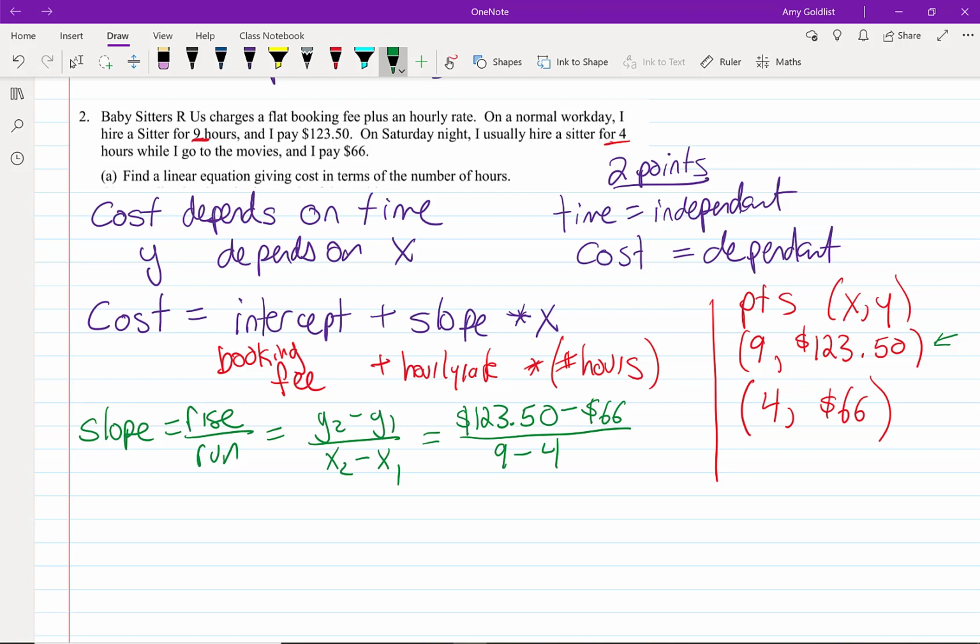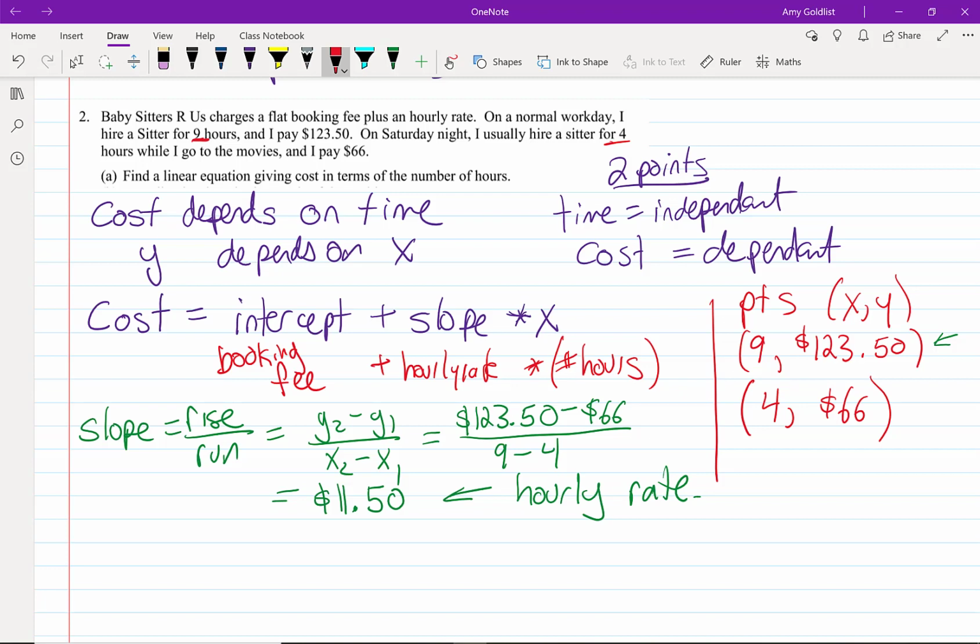Putting in the units really ensures that you don't mix things up. If I run this through a calculator, we come up with $11.50. That is our hourly rate. We pay our sitter $11.50. We're going to assume that they get some of that booking fee to bring them up to minimum wage.